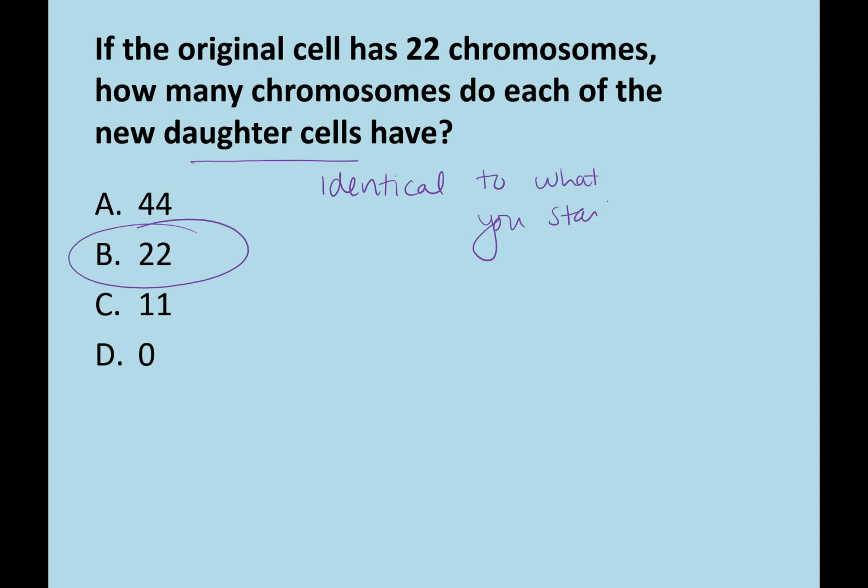So if you start with 22, you're going to make 2 new cells with 22. So you're going to go to 22, you're going to double that to 44 chromatids, and then you're going to split that back to 22 and 22 chromosomes. So you'll see numbers. Not heavy math, but you've got to figure it out.